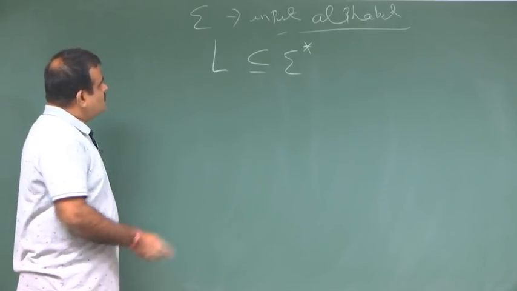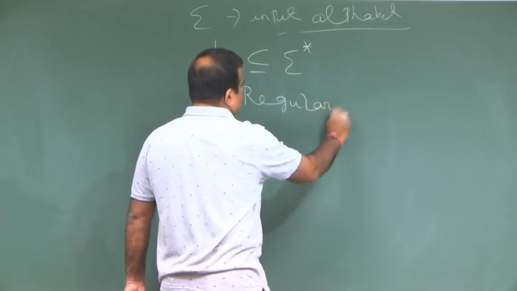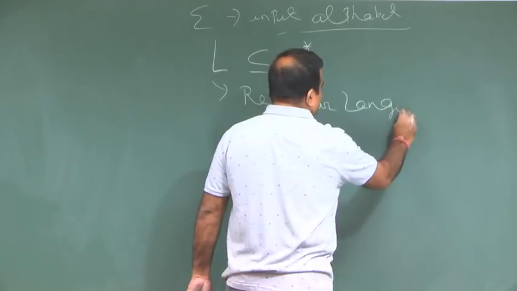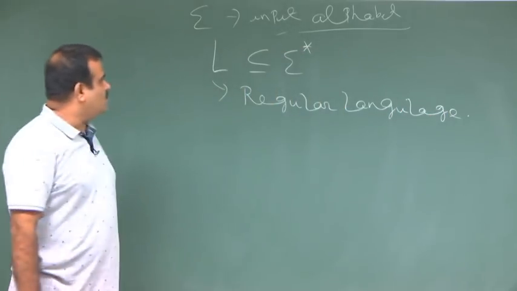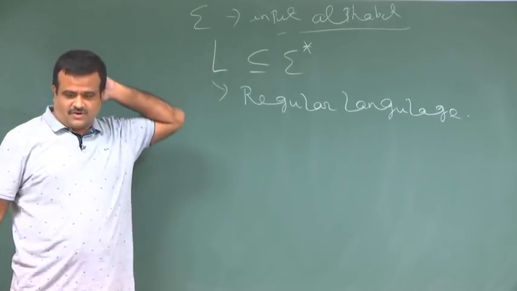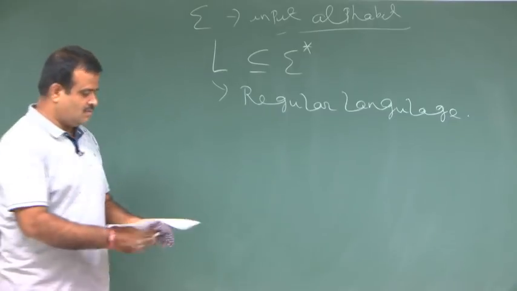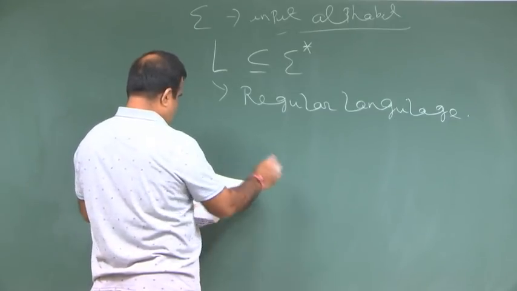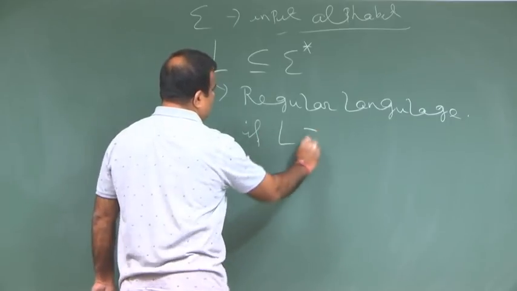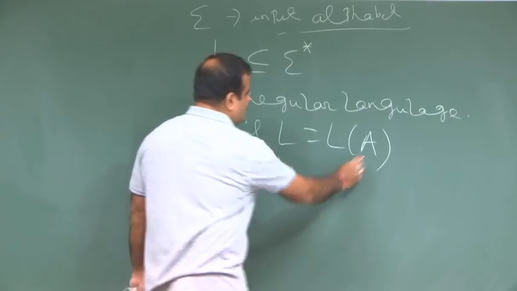Then we say this is a regular language if it is the language of a DFA, if there is a DFA which is accepting all the strings of it. So, L is a regular language if L is L of A, where A is a DFA.